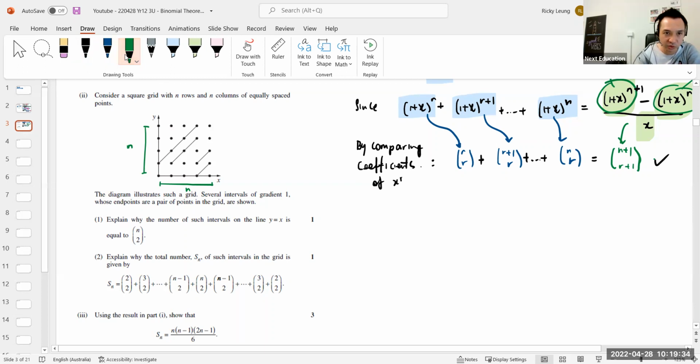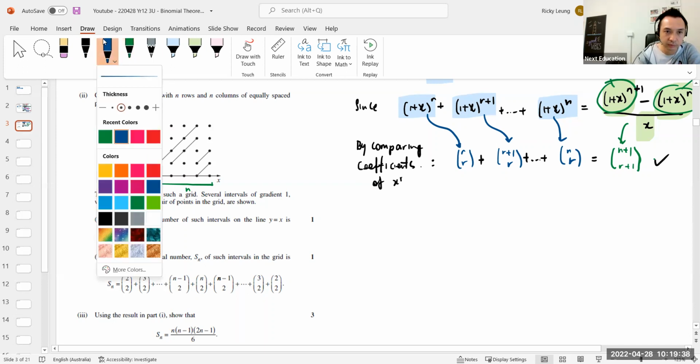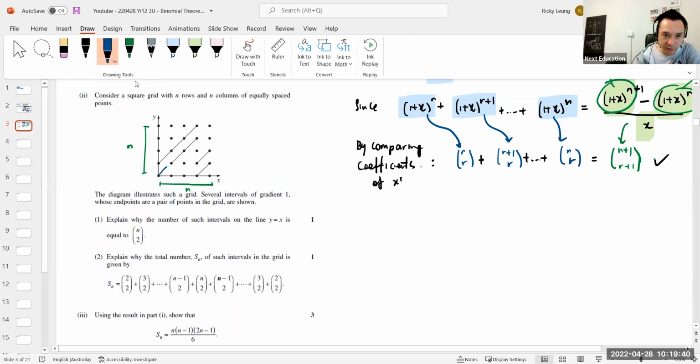Now, they want you to basically go, y equals x is this one. Why does that one have the number of intervals equivalent to this? The best way to explain it is, how do you draw an interval? You need two dots. How many dots are there on that line? Now, I know it's an n by n grid, so this must be n dots.